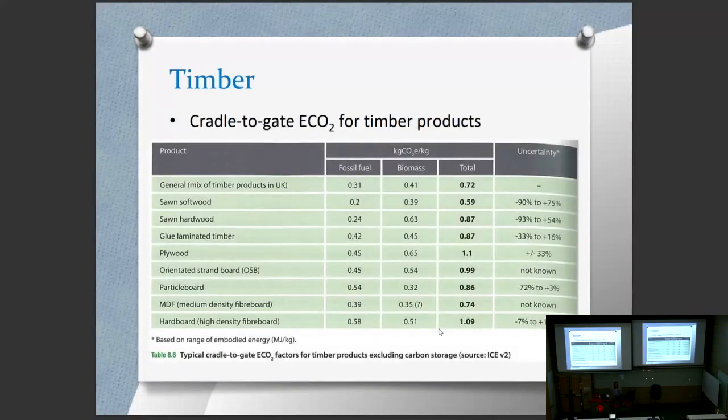So once again, these are some reference embodied carbon values for your information. And once again, there is a lot of uncertainty in these products. One factor is that there is water in the timber, so the moisture content will affect its weight.